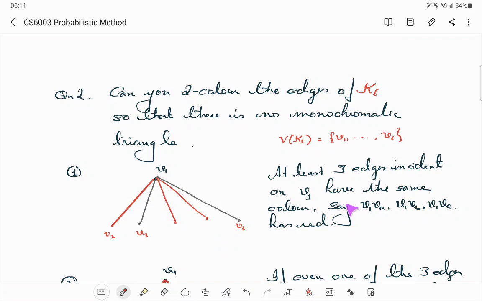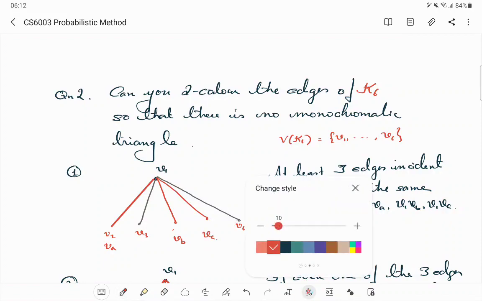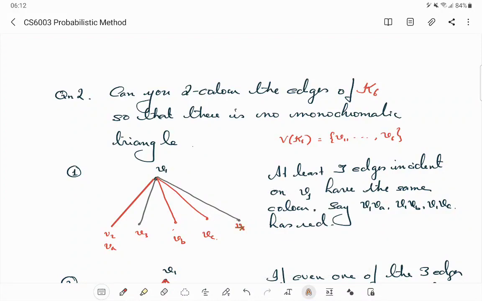The endpoints of these red edges, in this case V2, V4 and V5, in general I'll call them VA, VB and VC, just to keep the color consistency. This is step 1. In the remaining proof, V3 and V6 will never be used again.